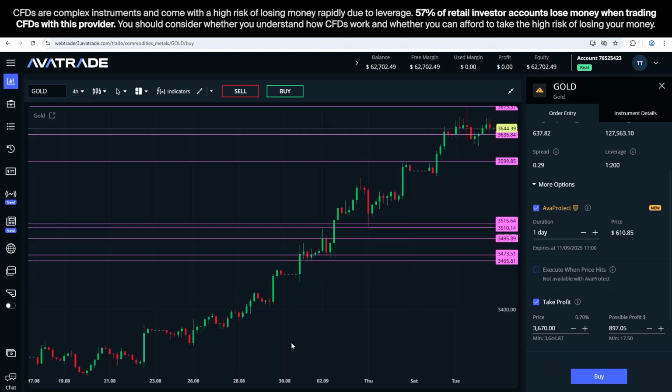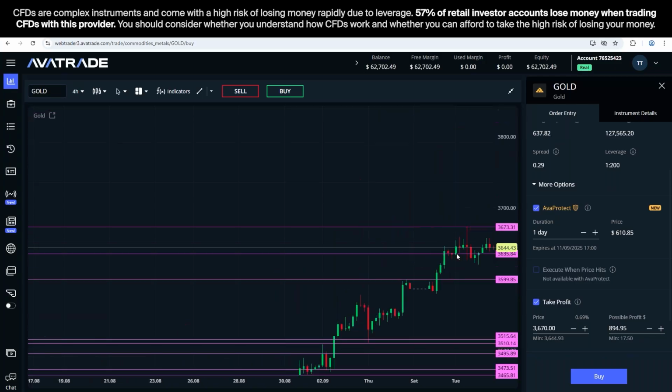So if it is big CPI data, perhaps then I believe it will break yesterday's high and or this week's high and be able to go to a round number like 3,700. Okay, and that makes sense if it has enough energy to test the all-time high.